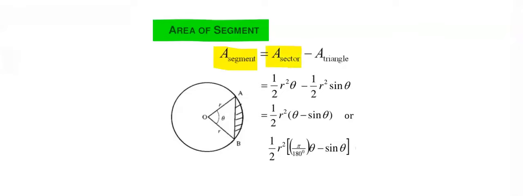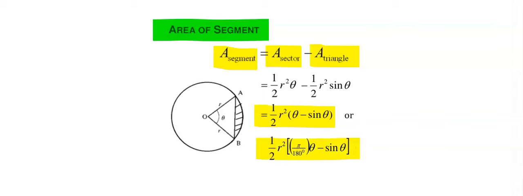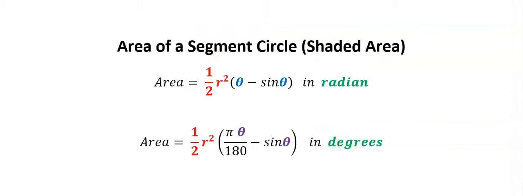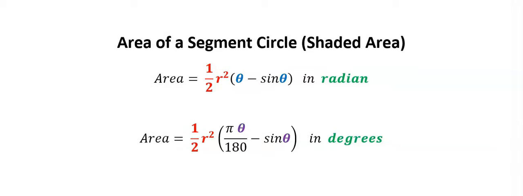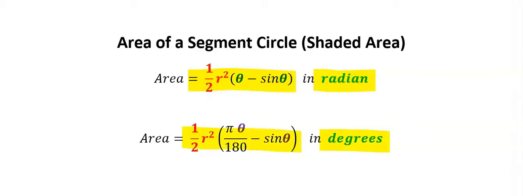To find the area of the segment, it is the area of the sector minus the area of the triangle. When you simplify this formula, this is in radians, while this is in degrees. Both formulas will give you the same answer, as long as you maintain the radian for this formula, or you maintain the degrees for this formula.